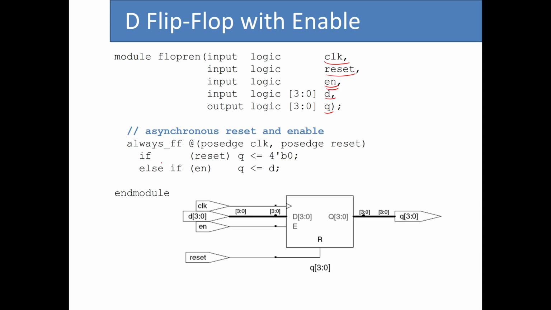Else if, basically if reset is 0, we need to check whether the value for the enable signal is 0 or 1. So if the value here is 1, that's when Q gets the value for D. But on the other hand, if the value for EN is 0, or the enable signal is 0, basically nothing would happen, and we wait for the next rising edge of the clock or the next rising edge of the reset signal.